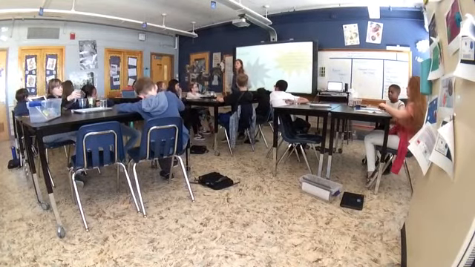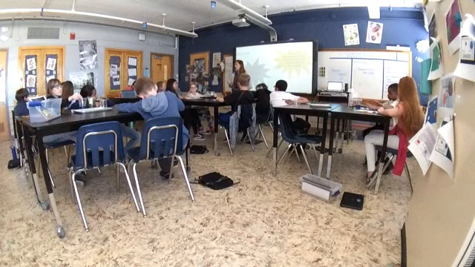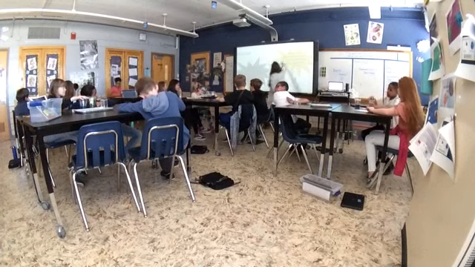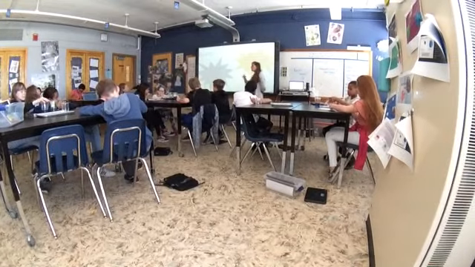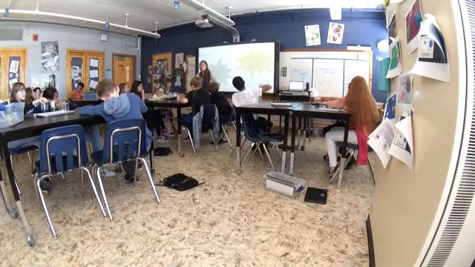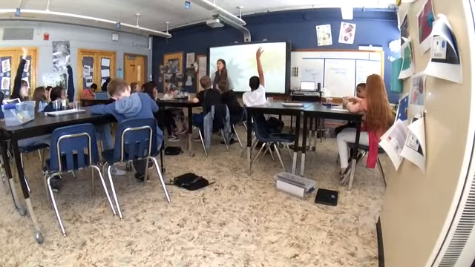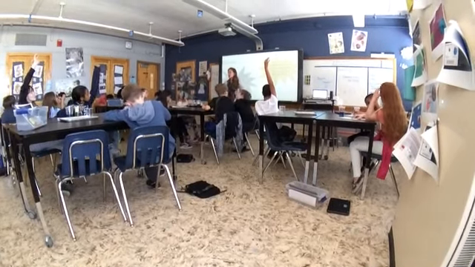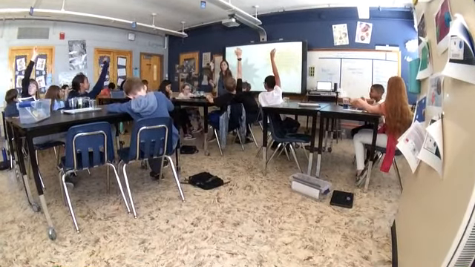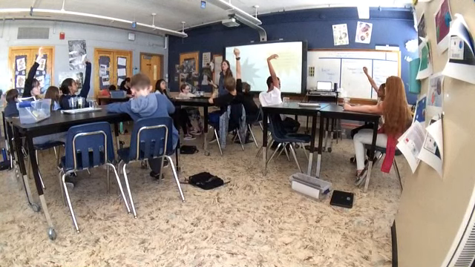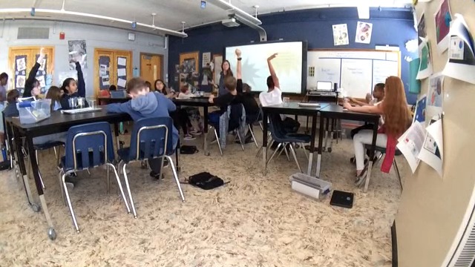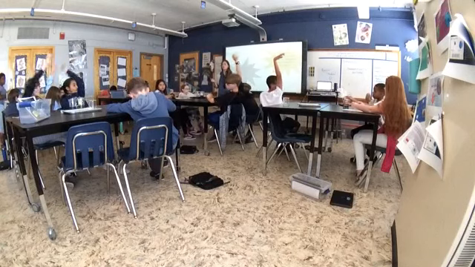So I just had a really great conversation with Fabian and Sophia about this question, and I want to hear what you guys think as well. How do we translate what we observed in our experiment to what's actually happening in our oceans? Jack?